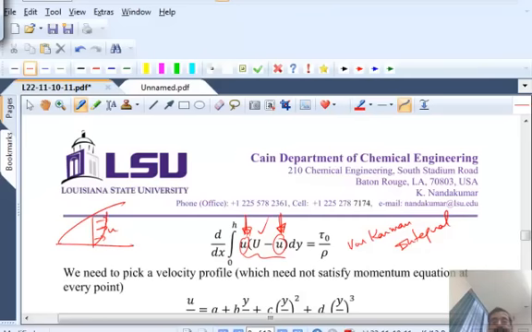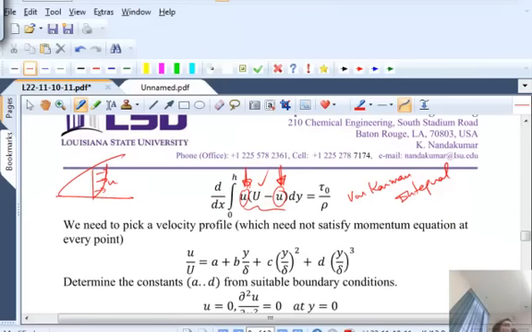And this is illustrated in Bird, Stewart and Lightfoot and a number of other books. You will find use of different expressions. So this is not a prediction. This is an assumption. What do we assume? We assume that the velocity profile that I have sketched here is given by this expression, a cubic polynomial.